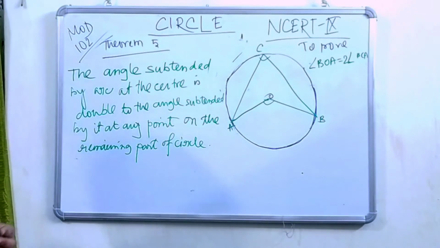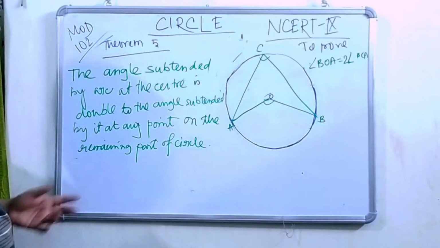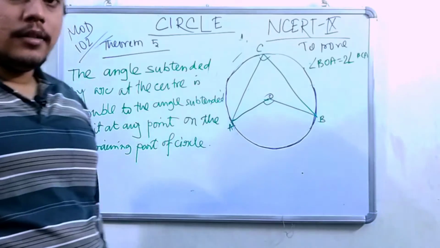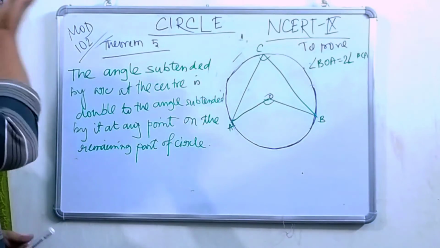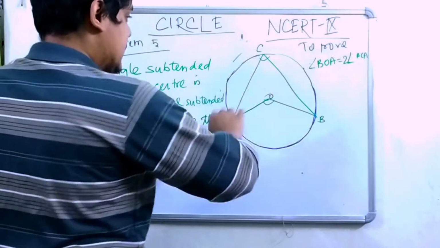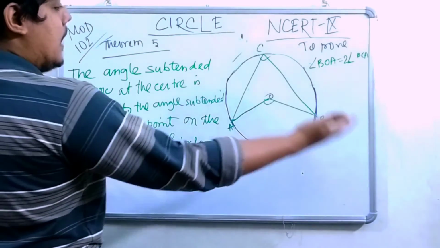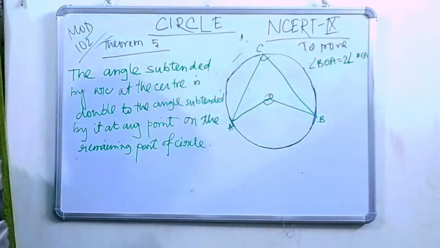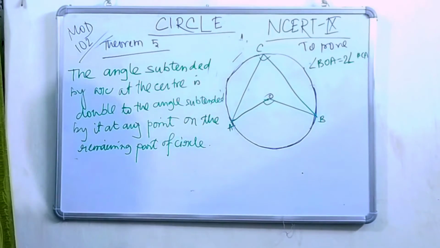The angle subtended by an arc at the center of a circle is double the angle subtended by it at any point on the remaining part of the circle. So what we have to prove here is that angle BOA is double that of BCA. One angle passes from the arc, another one from the remaining part of the circle. So BOA should be double BCA.